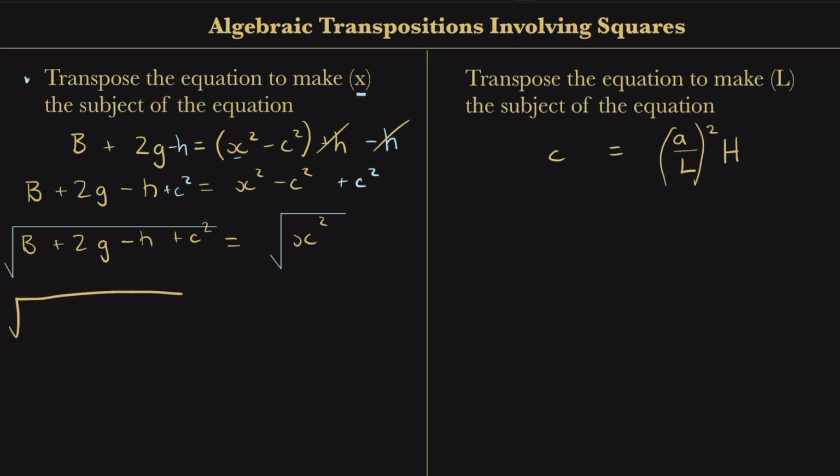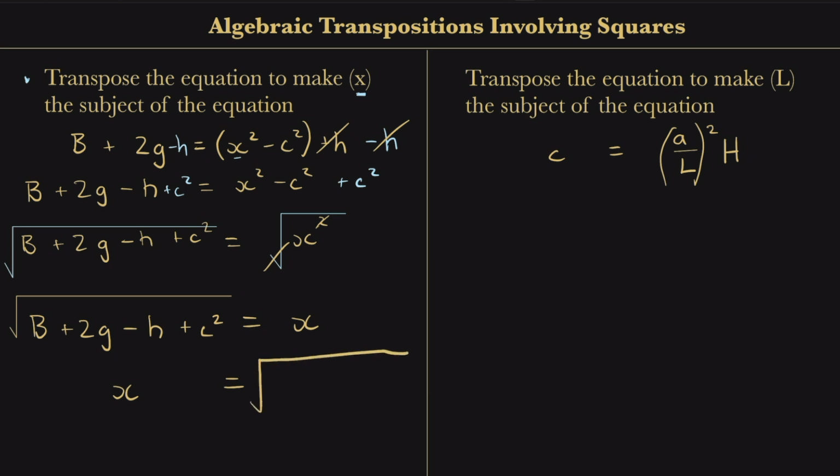This side I'm just going to keep it exactly the same for now. b plus 2g take h plus c squared equals, and these are going to cancel each other out, so we just end up with x. Or we could write it as x equals square root b plus 2g take h plus c squared.